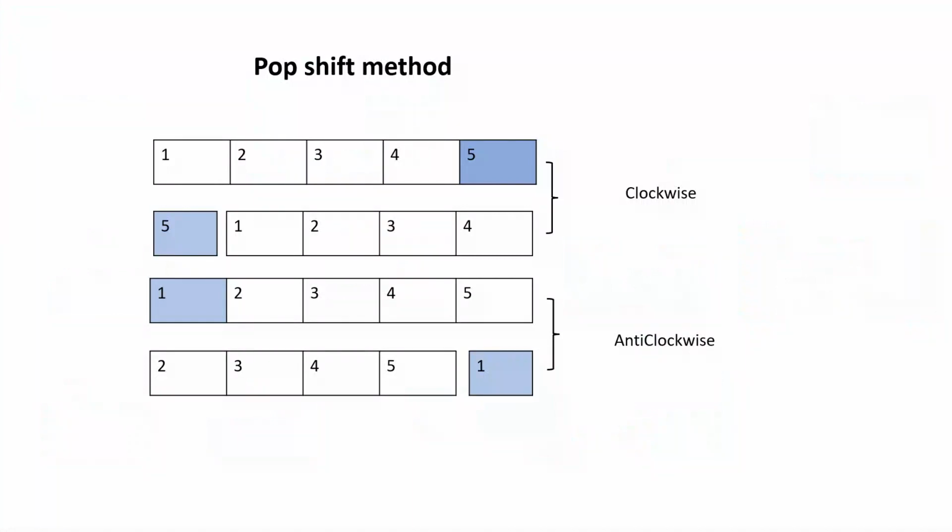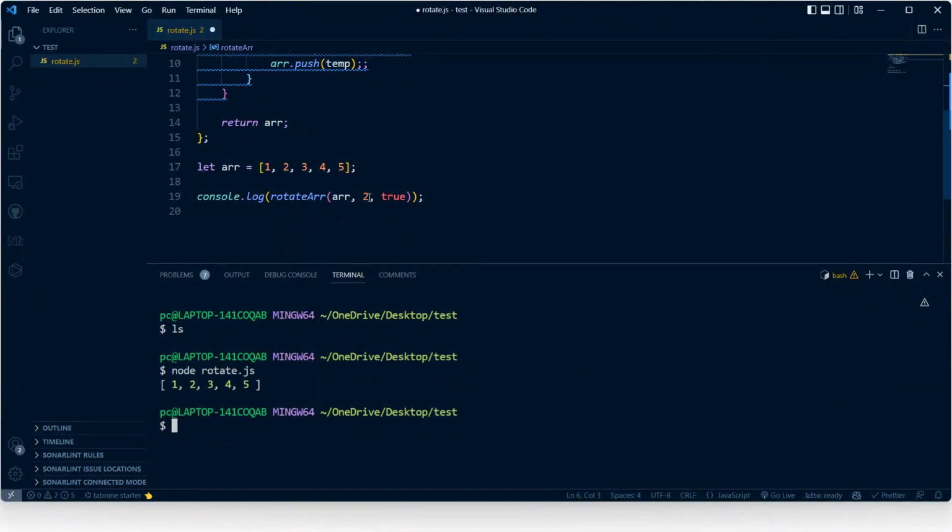If I provide 1, then this should be our expected result: 5 1 2 3 4, and if anti-clockwise, then 2 3 4 5 1. Okay, so let me give it 1.